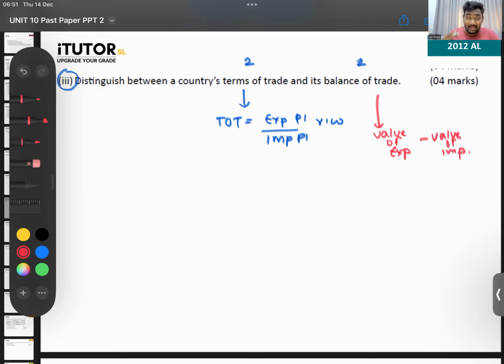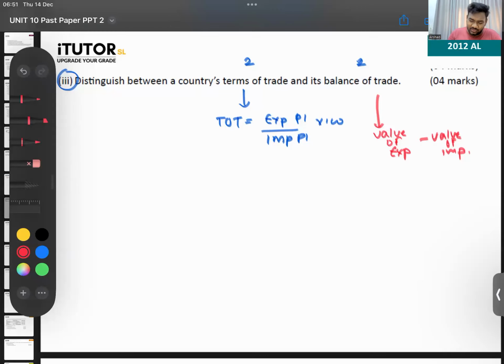So you can say balance of trade is a much broader concept than terms of trade, because terms of trade takes into consideration only the price of imports and exports. Balance of trade takes into consideration the value of exports and imports. Value means price multiplied by quantity. We discussed this in the MCQs in the last session.